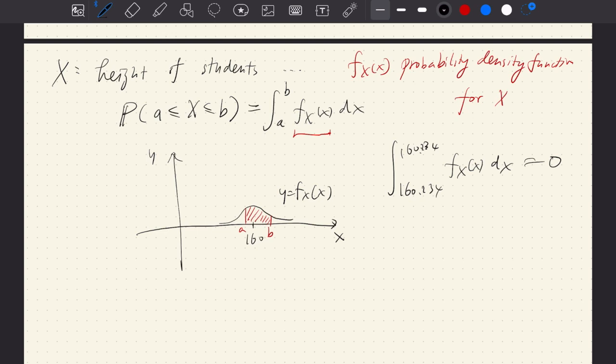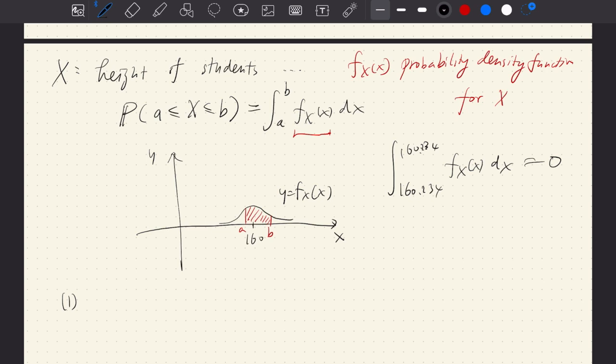So this is the definition of probability density functions, and based on this definition, we can deduce two requirements for a function to be a probability density function. First, because you're integrating this probability density function to get probabilities, its area under the curve should never be less than 0, because probabilities cannot be less than 0.